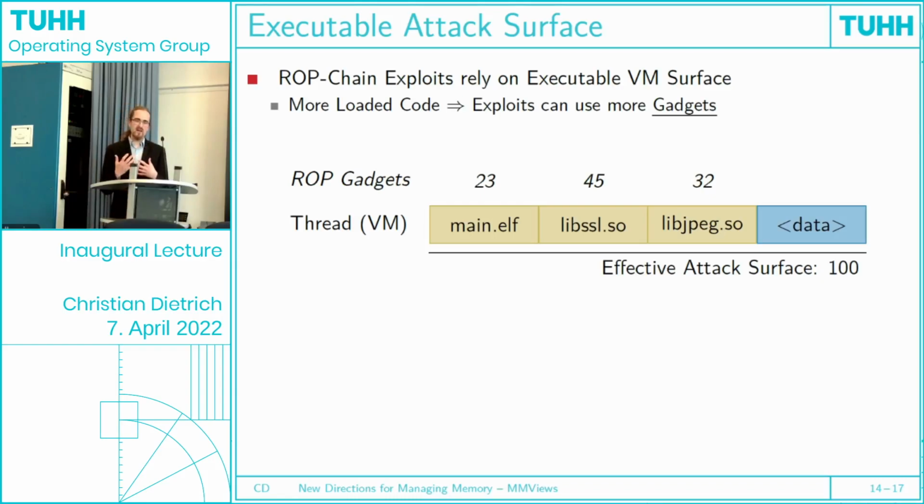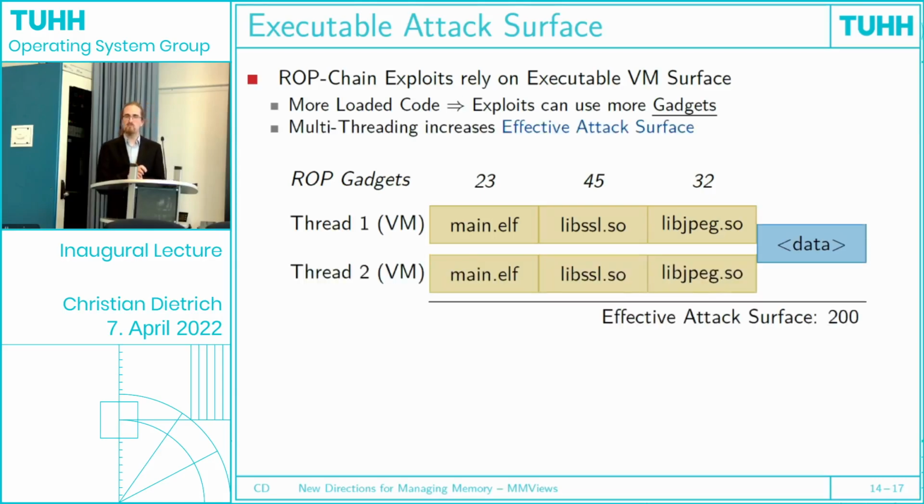Now, every thread has some chance of having some vulnerability, so the problem becomes more severe when you have multiple threads running in the same virtual memory. To give you an idea of what this might mean, now you have two threads, and a higher probability, when they are doing different jobs, that there is a vulnerability somebody could use.